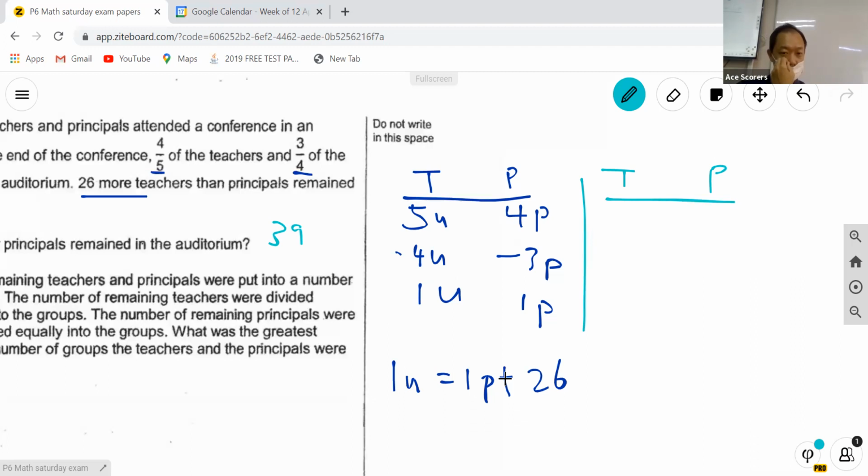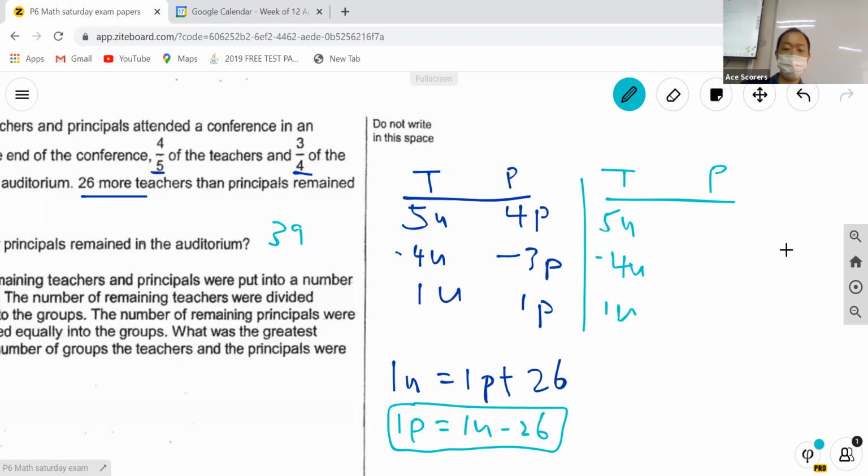If you want to change to units, then we have to minus, because we have to find 1 part. So 1 unit is equal to 1 part plus 26. Since you all chose to change to units, 1 part is equal to 1 unit minus 26. Which means this continues to be 5 units minus 4 units, here's 1 unit. But the parts, you see this is 4 parts, so I have to multiply by 4. 4 units minus 26 times 4, which is 104.